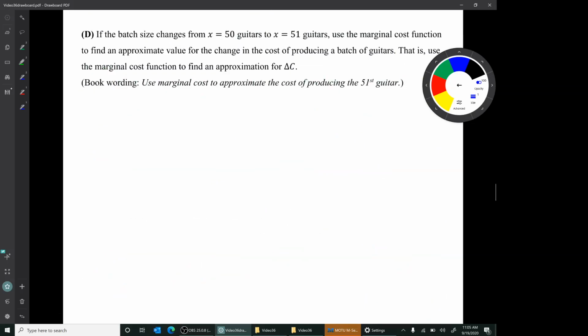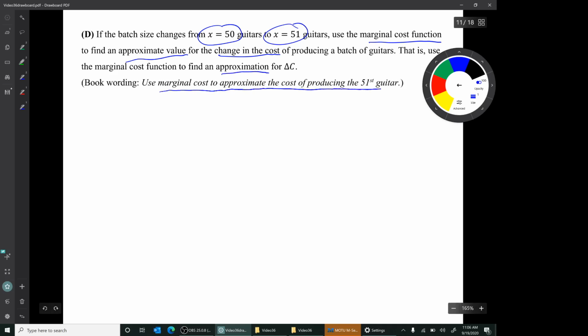Let's go on though. Question D, if the batch size changes from x equals 50 to x equals 51, use the marginal cost function to find an approximate value for the change in cost. That is, use the marginal cost function to provide an approximation for delta C. The book would call this using the marginal cost to approximate the cost of producing the 51st guitar.